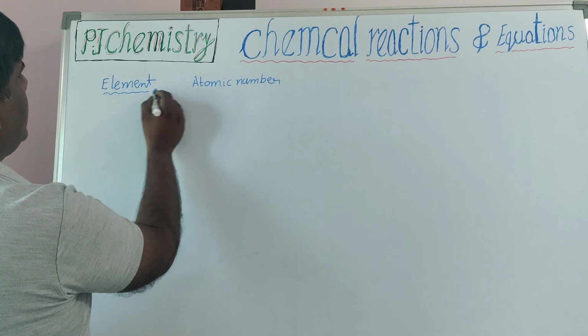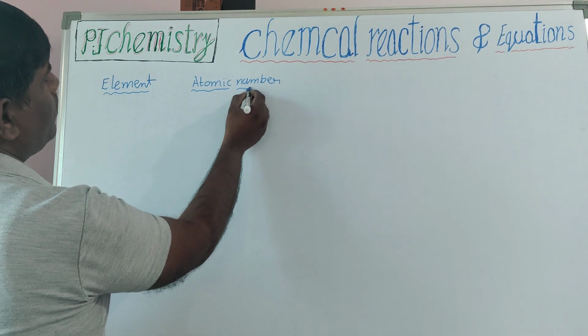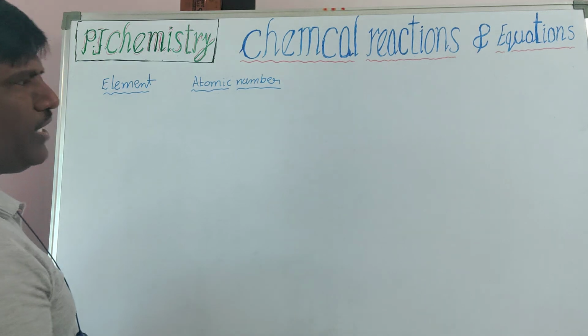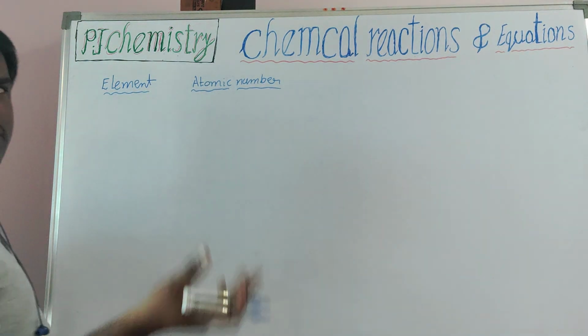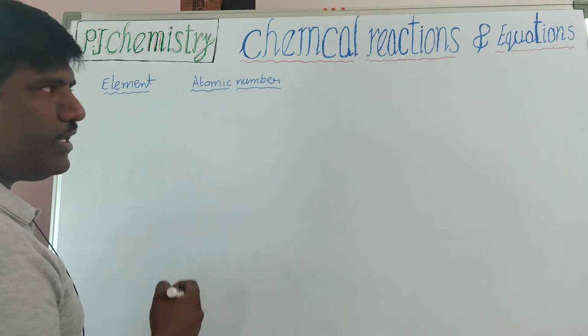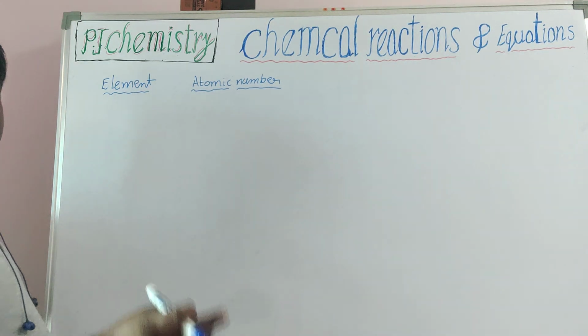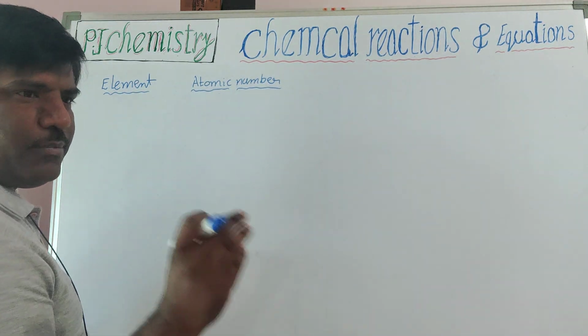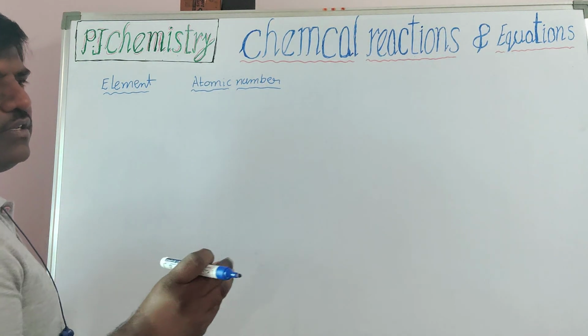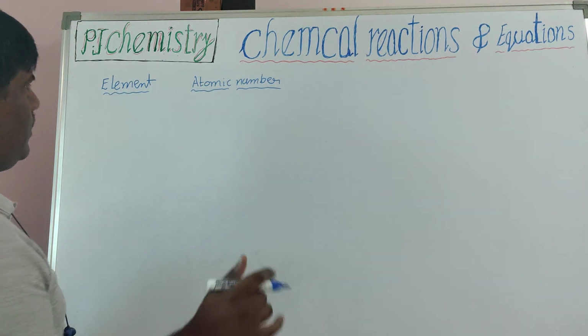Everyone should know this because we need to write formulas, which means we should know valency compulsorily. To get valency, we should know the atomic number. They are interlinked. So if you know the atomic numbers, you can write 80% of equations easily.